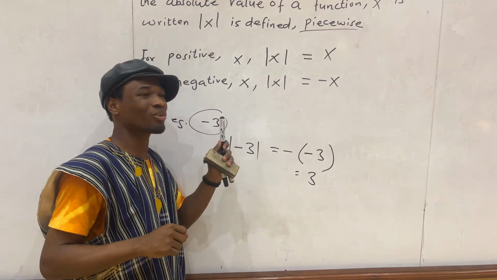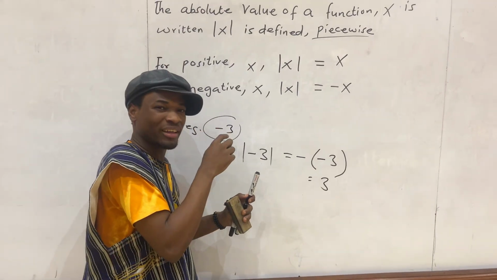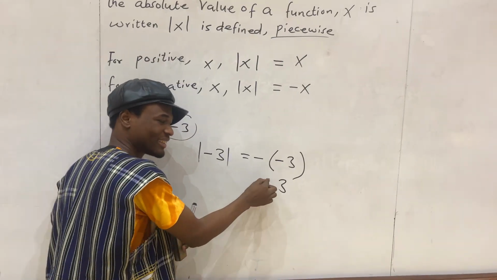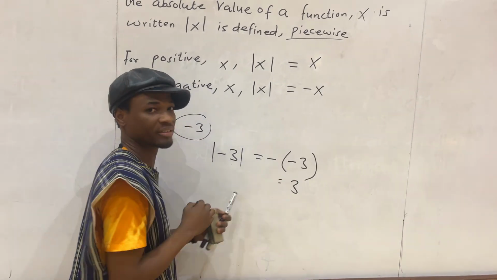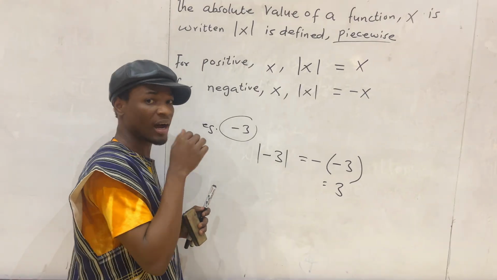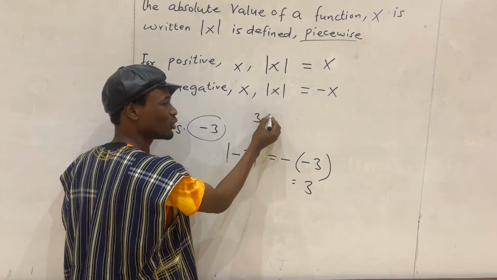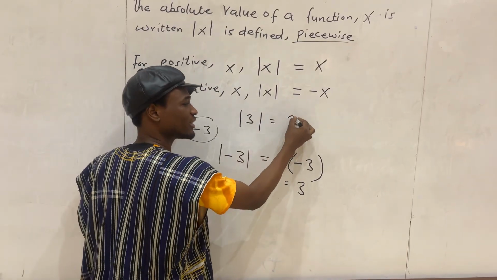So the absolute value function still remains the same. The function itself remains the same. It's just that the sign or the polarity reverses. As simple as that. So if I have positive 3 and I take the absolute value of positive 3, I'll still get 3.